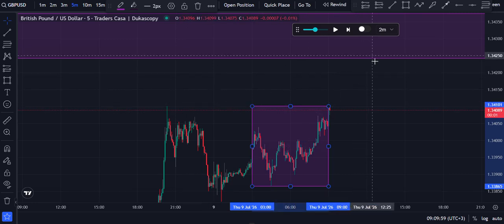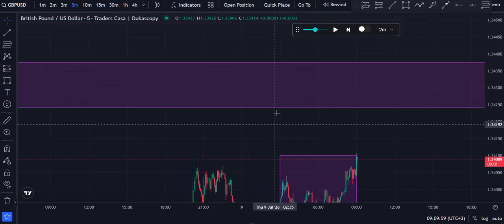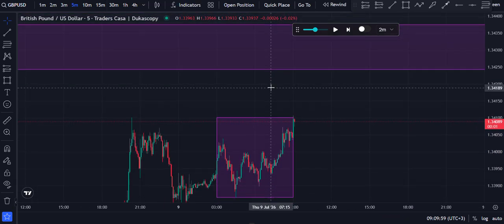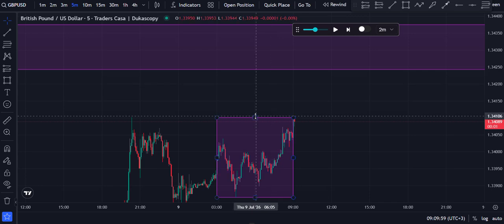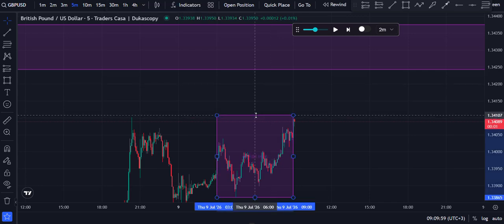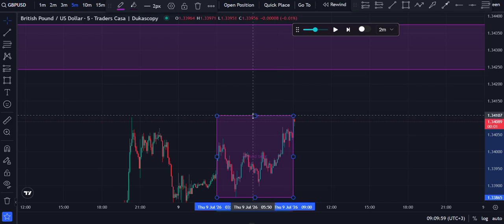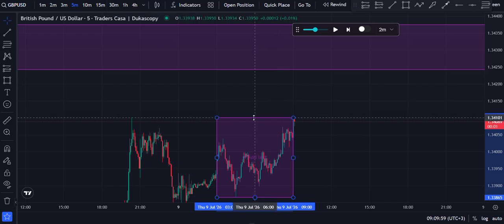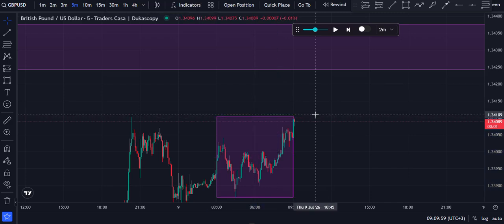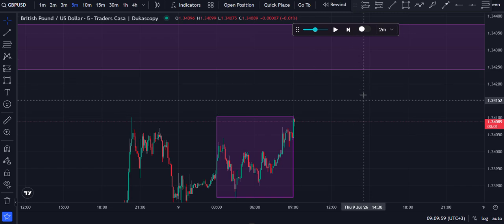If it gives us a confirmation after tapping into this 4-hour zone, remember this zone caused a significant push to the downward side. There is liquidity sitting on this swing high and also above the Asian session. This is something like a confluence. So if the market sweeps and taps this zone and confirms down, we could go in for sales.